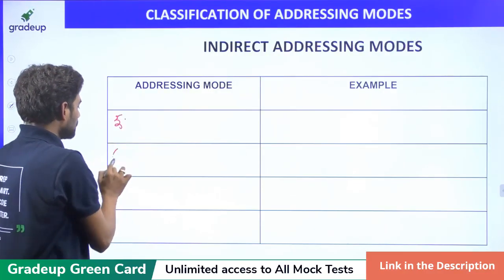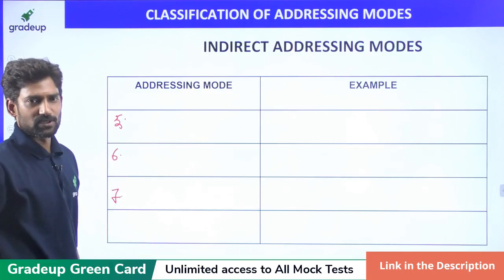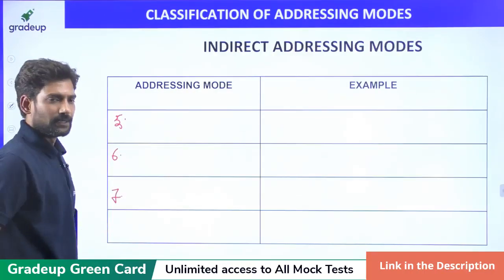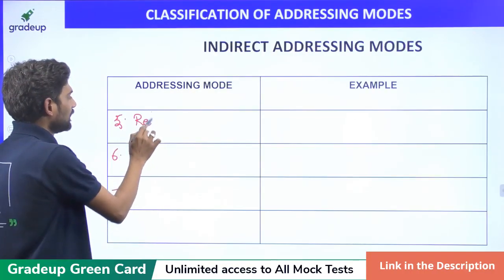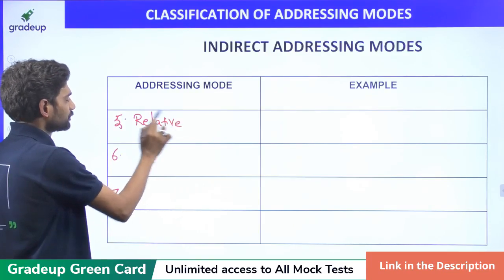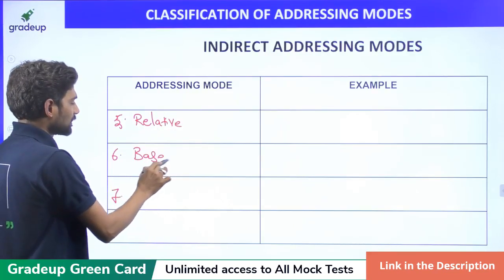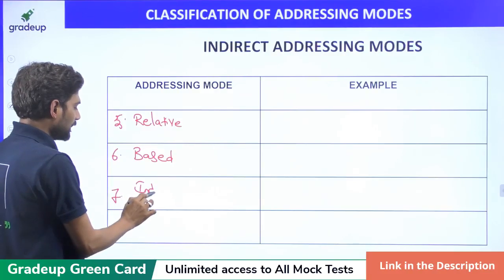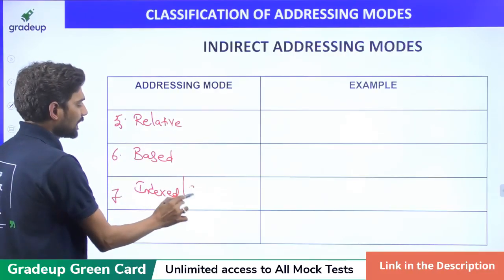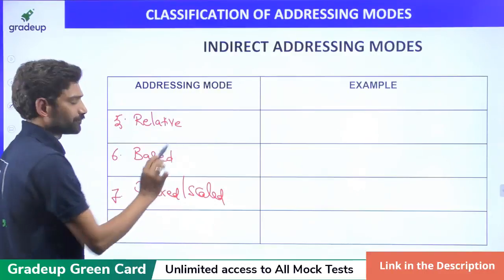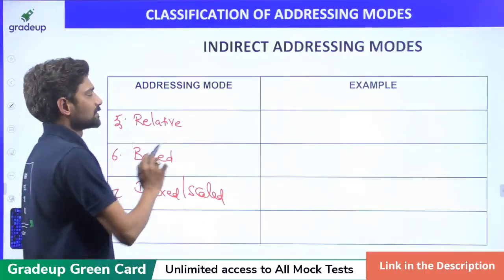We have three similar addressing modes, guys, under the indirect category. They are relative addressing mode, based addressing mode, and indexed or scaled addressing mode. What is this?